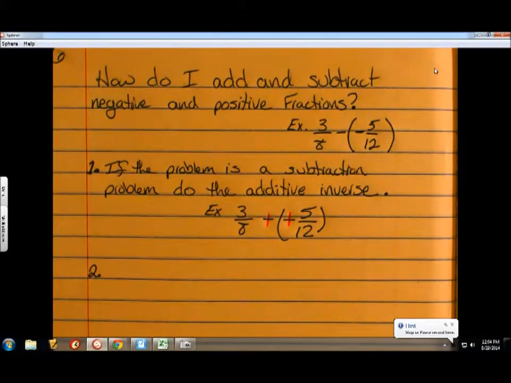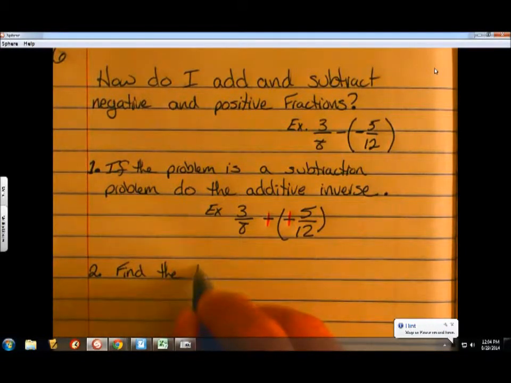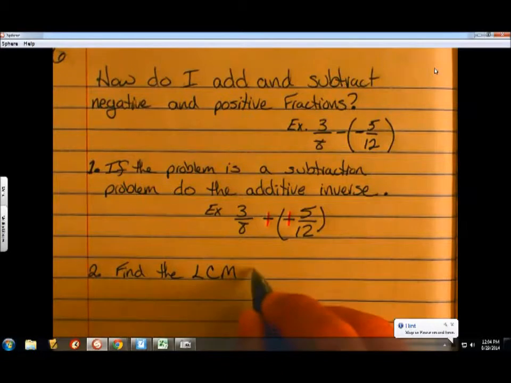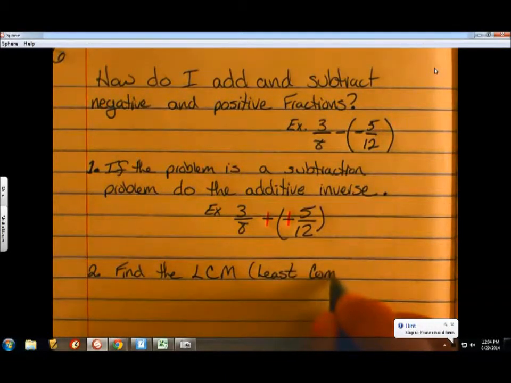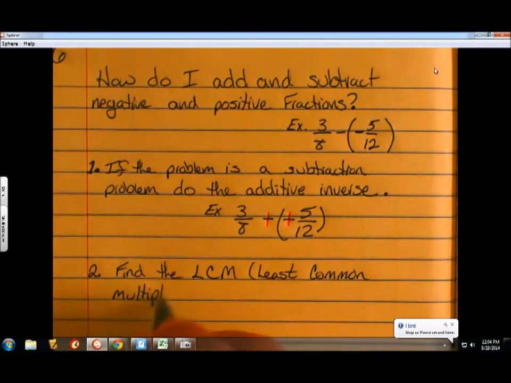Step 2, we're actually going to break up into 3 parts. The reason being is there are several ways to do this. So we're going to start with finding the least common multiple for your denominators, because we need common denominators in order to add and subtract.